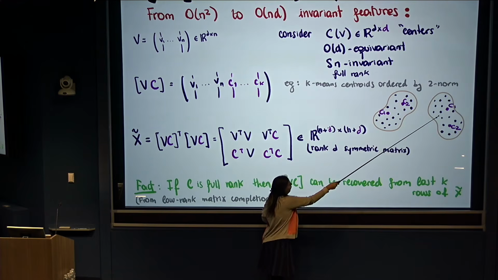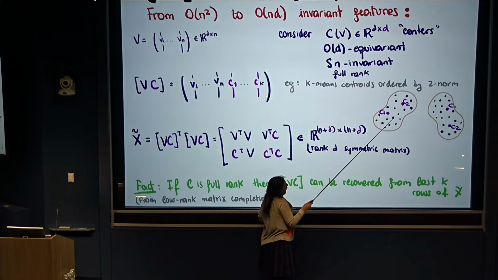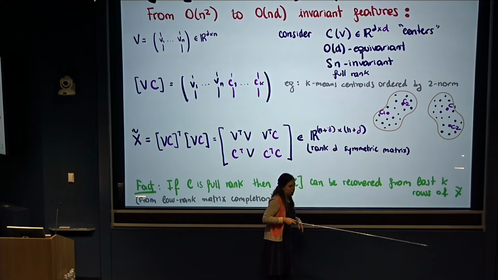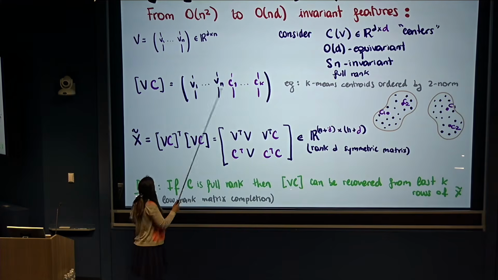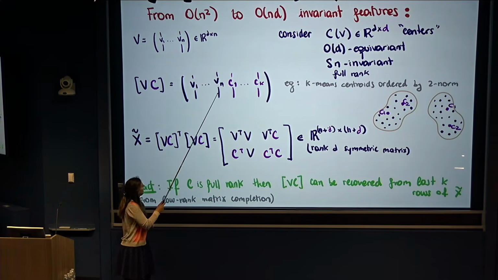And these are equivariant with respect to orthogonal transformations. You can order them by norm, for instance, and they will be invariant with respect to permutations. And if you add those to your data, and you look at the Gram matrix of this extended data, then just these D columns would be able to recover the entire matrix, and you can use that for your machine learning model.